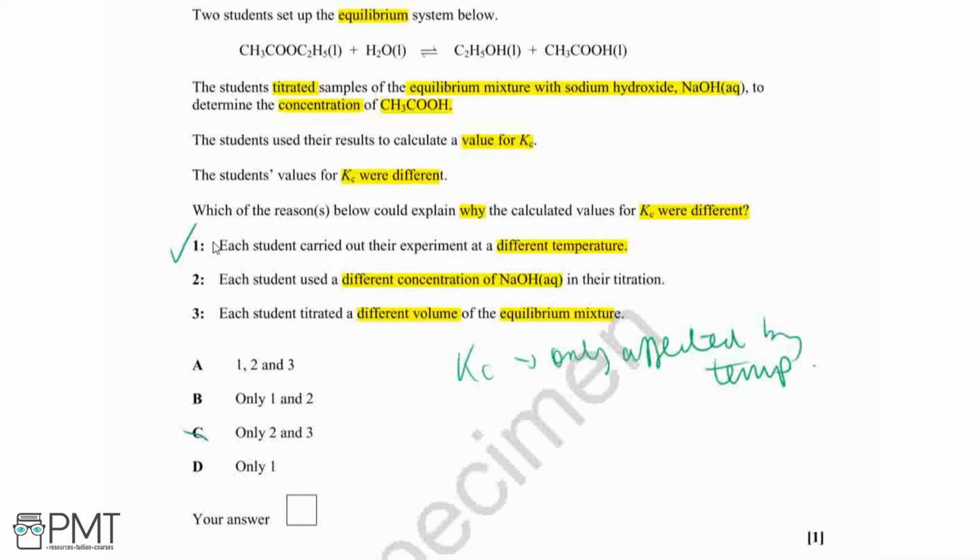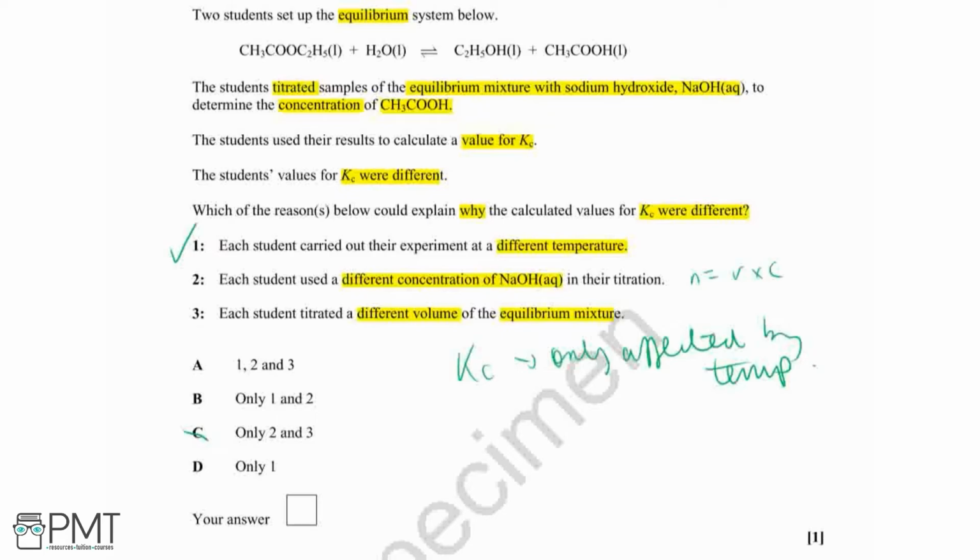answers. Now thinking about options 2 and 3, option 2, each student used a different concentration of sodium hydroxide in their titration. This won't make a difference because although they might have different concentrations, this will therefore affect the volume of sodium hydroxide which is needed, so it ends up balancing out to be the same amount of moles due to the equation of moles equals volume times concentration.